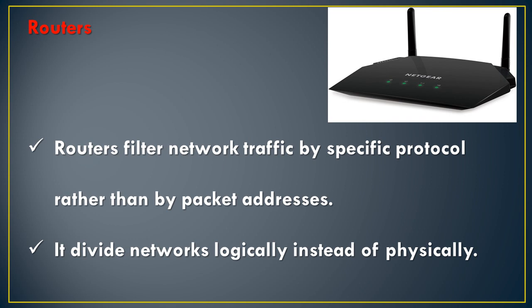Routers determine whether the source and destination are on the same network or whether data must be transferred from one network type to another, which requires encapsulating the data packet with a routing protocol for the new network type. It also divides networks logically instead of physically.